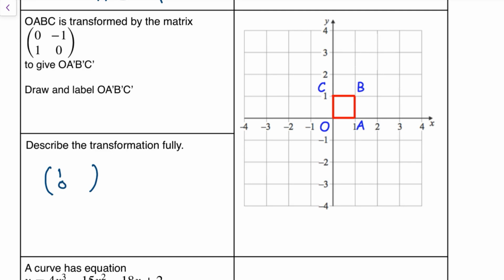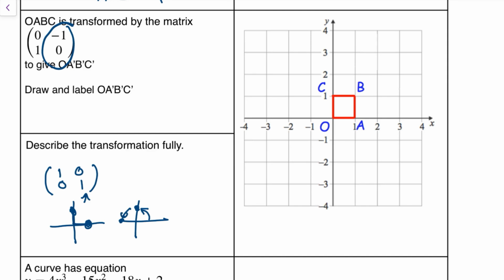I'm starting with 1, 0, 0, 1. So in other words, my (1, 0), which is here, goes to (0, 1). So 0, 1 is here, so it's come up to here. And then similarly, my (0, 1), which is here, has moved down to (-1, 0), so that's moved to here.